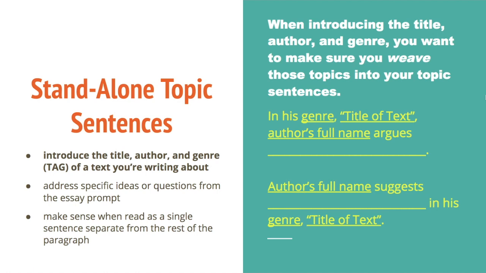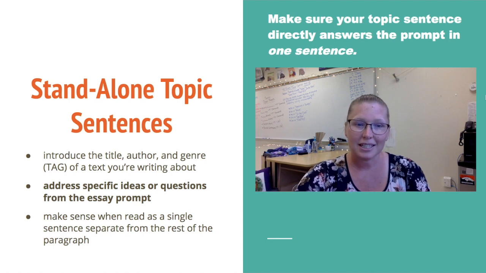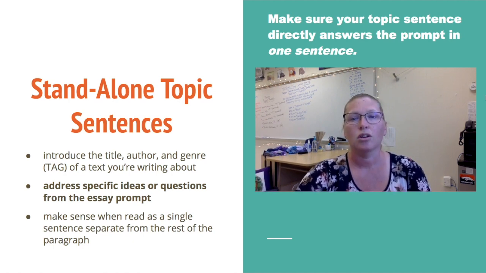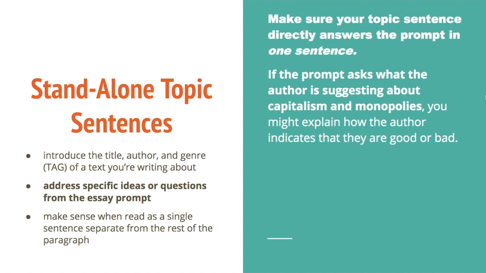Then you would also put in what they're arguing or what they're suggesting based on the specific ideas or questions from the essay prompt, because your topic sentence always addresses specific ideas or questions from the essay prompt. So you want to make sure that your topic sentence directly answers that prompt in just one sentence. Let's pretend that the prompt is asking you what the author is suggesting about capitalism and monopolies.